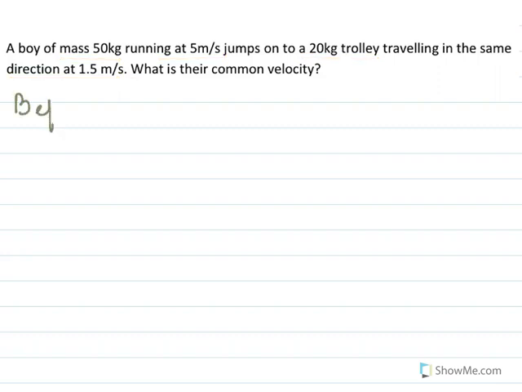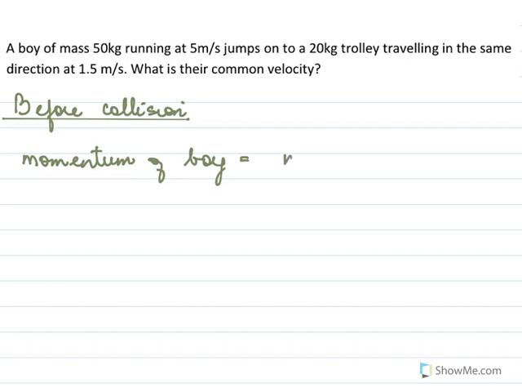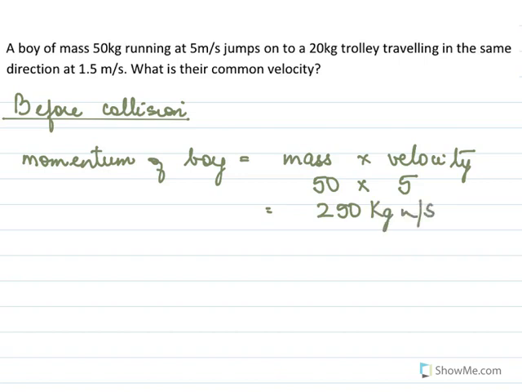So now before collision or before impact, here we have the boy, so we have to calculate the momentum of the boy, which is mass into velocity. The mass of the boy is 50 kgs and is running with a velocity of 5 meter per second. So which is 250 kg meter per second.